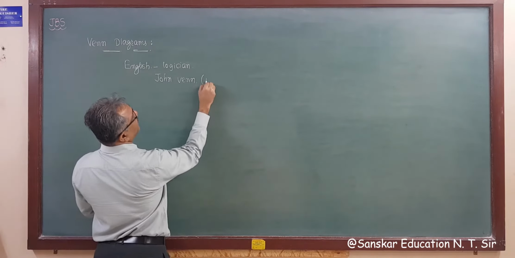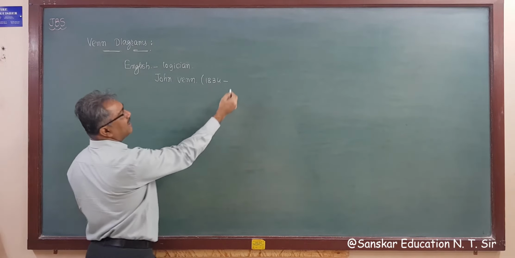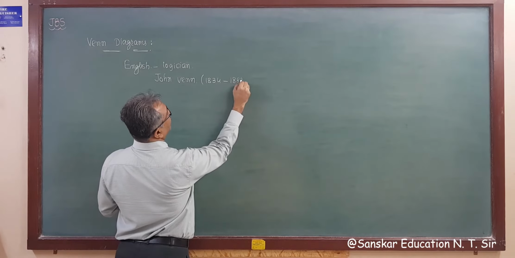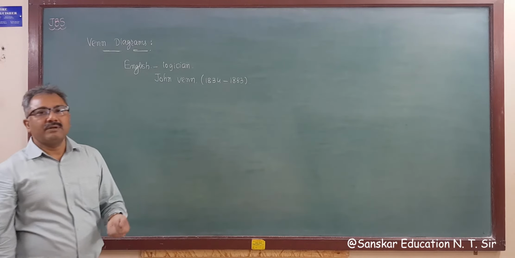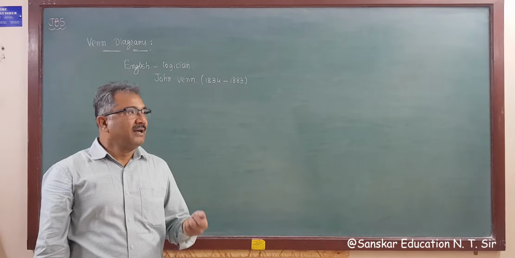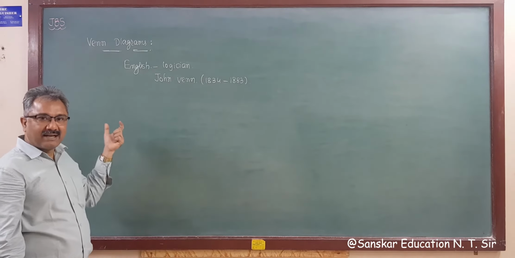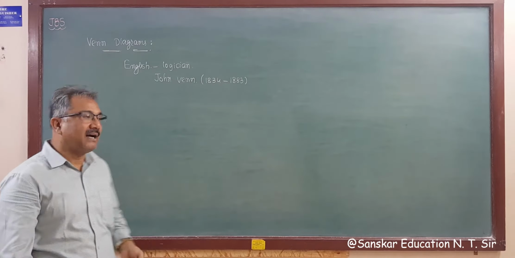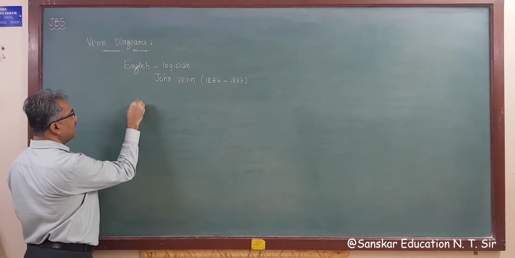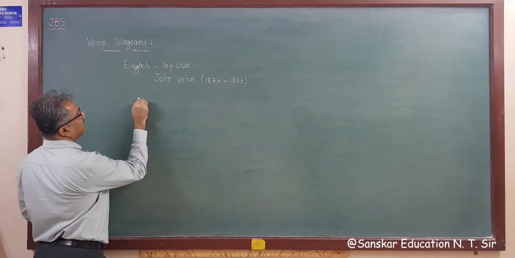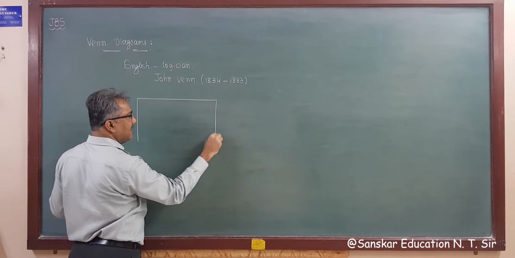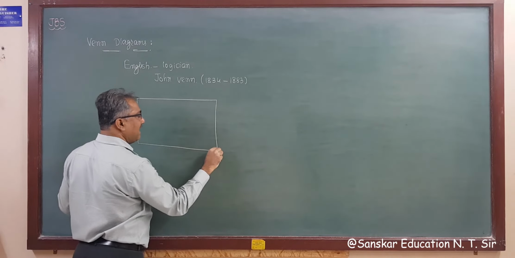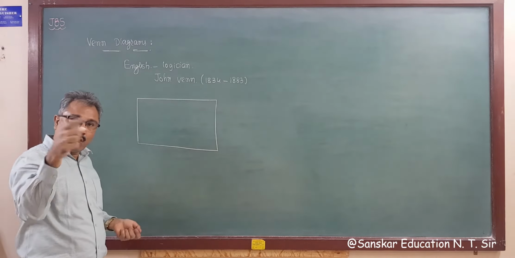He lived from 1813 to 1883. So in this diagram, the universal set is generally represented by a rectangle, and its subsets are represented by any closed curve.